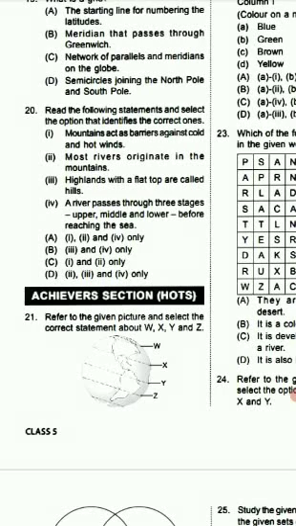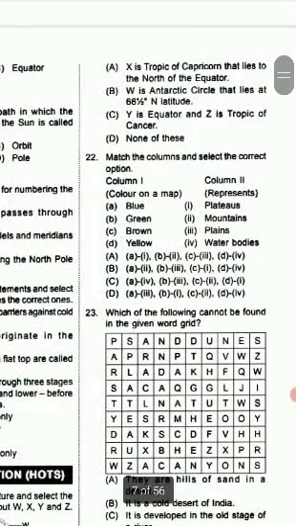Refer to the given picture and select the correct statement about W, X, Y, and Z. A. X is Tropic of Capricorn that lies to the north of the equator.